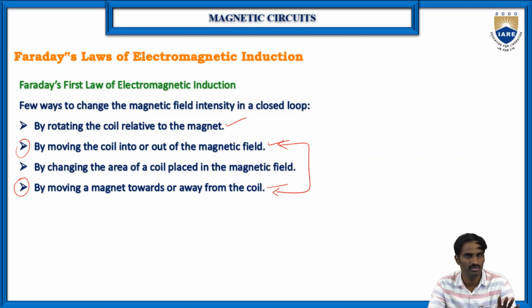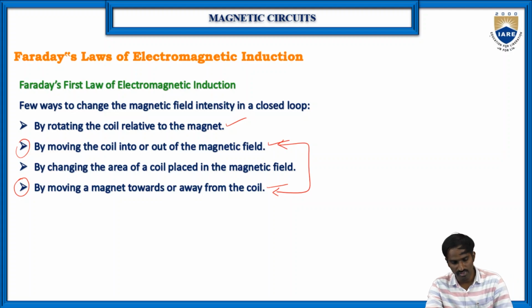Any one of them, the coil or the magnet, should be moved or displaced, either rotating or just moving towards or away from the coil or the magnet, so that an EMF is induced in that particular circuit.